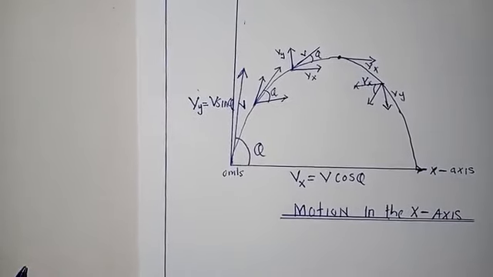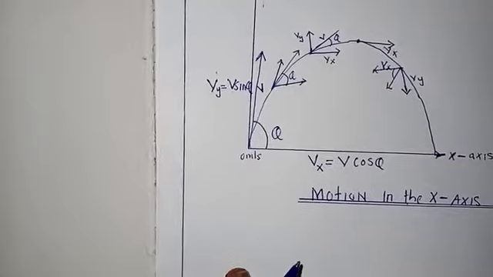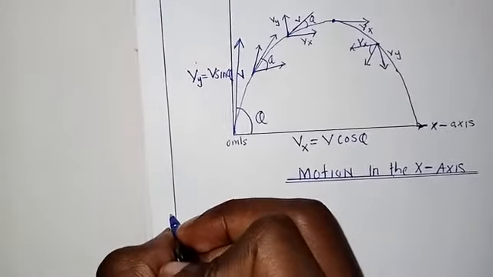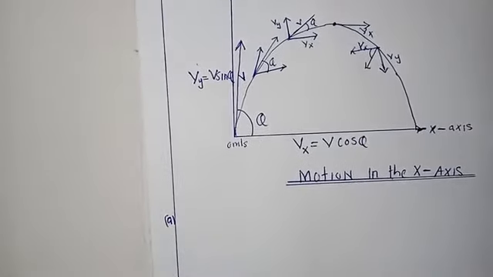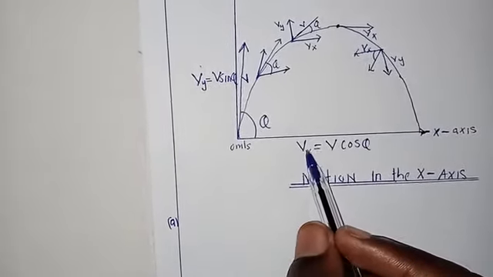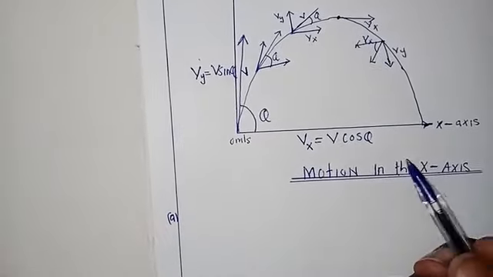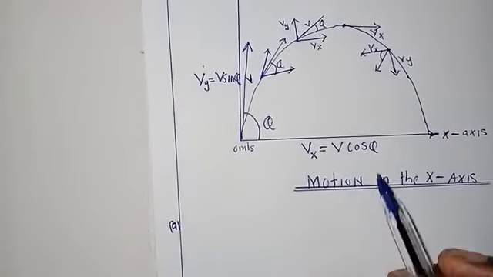Okay, now let's discuss motion in the x. For motion in the x, the first thing you have to know is simply the formula for the velocity x component in the x-axis. I think I've outlined it. It's here.